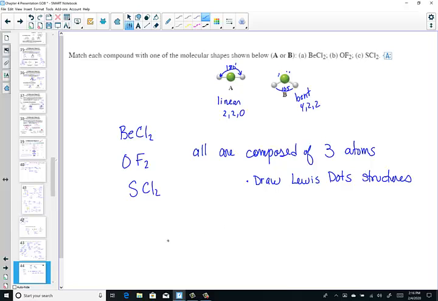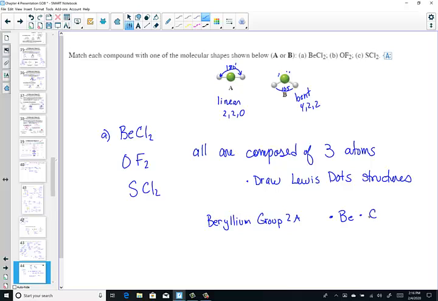Let's model. Let's do the first one, letter A, beryllium chloride. Beryllium lives in group 2A. Do you see it there with the elemental symbol Be? That tells me it only has 2 valence electrons. So there's its starting structure.